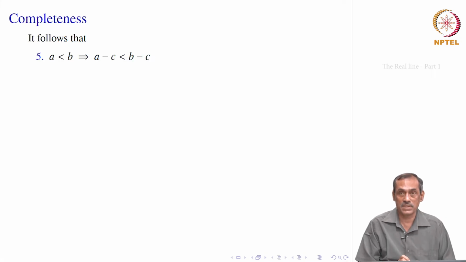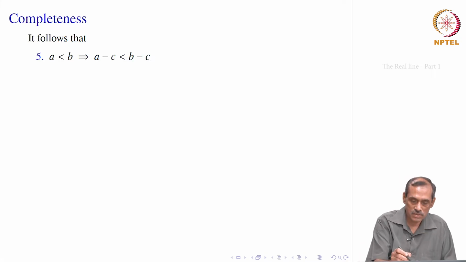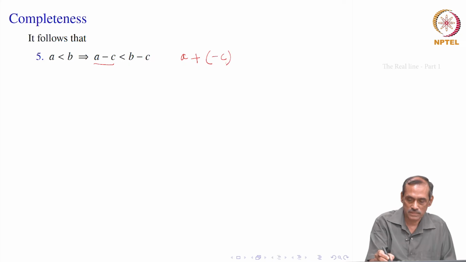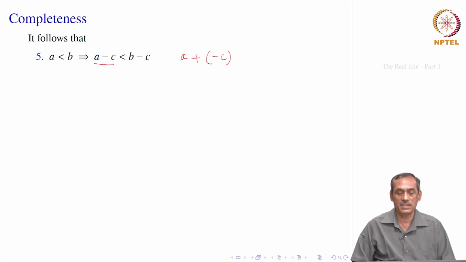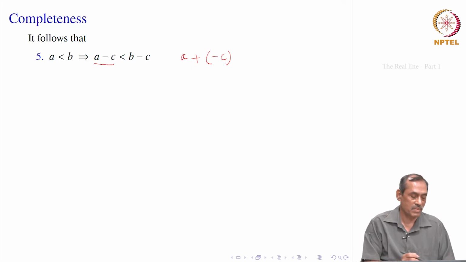It is again an abbreviation for A plus minus C. Similarly, on the right side, it is B plus minus C. So, this property says that if A is less than B, then you can take away something, say C, from both the sides, and still the less than property is maintained.